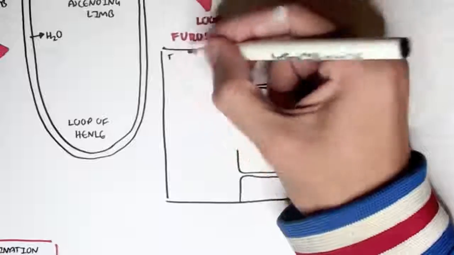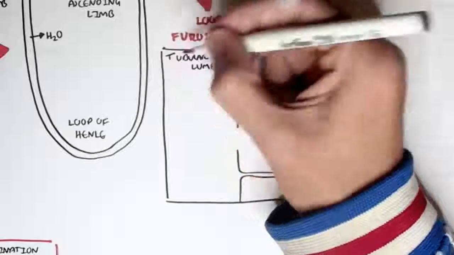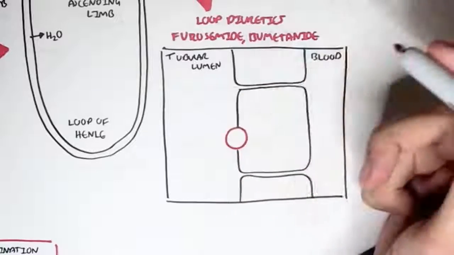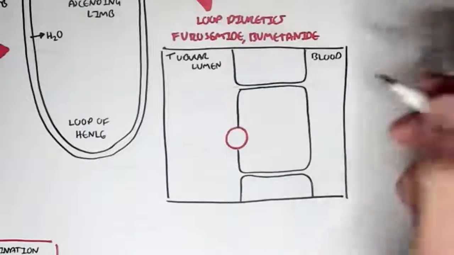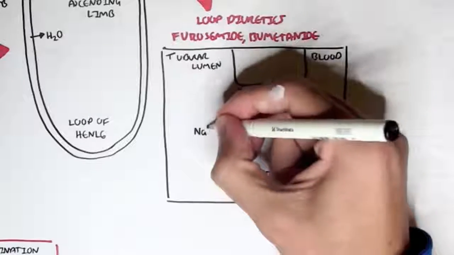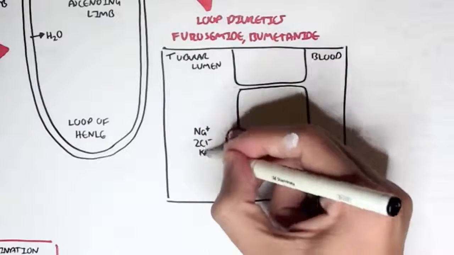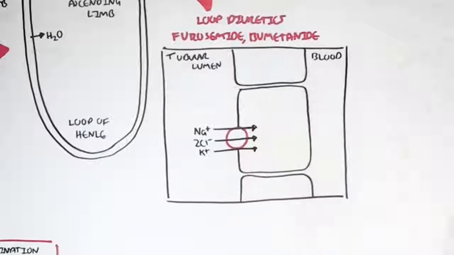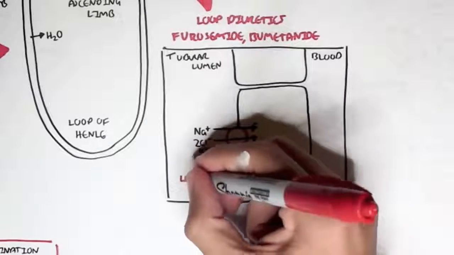Here we have the blood and the tubule lumen. The tubule lumen is inside the nephron. Here we have the transporter, which is within the tubular lumen. This transporter typically transports sodium, 2 chloride ions, and 1 potassium through.